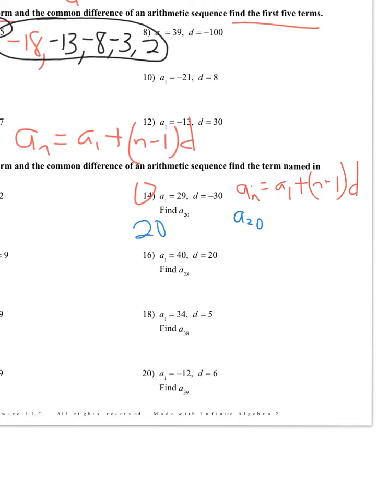That means the 20th term. If you notice with this subscript, that means that n is going to be equal to 20 if I'm trying to find the 20th term.